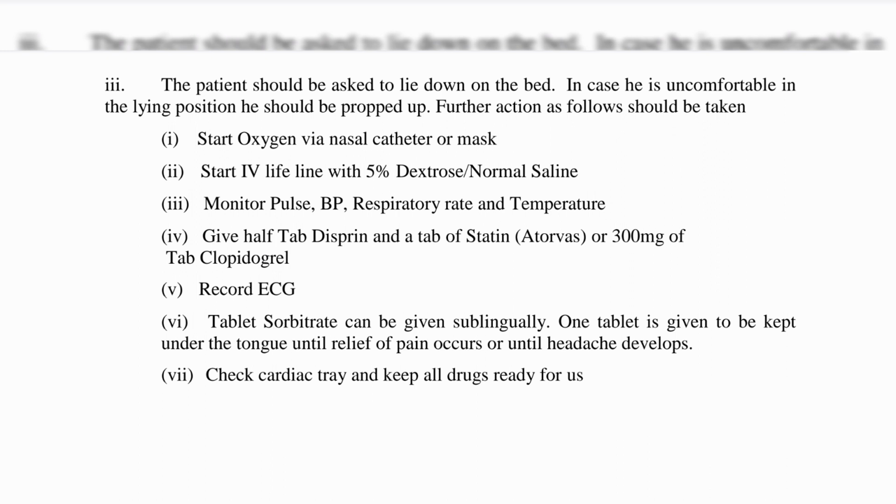Give half tab Disprin and a tab of statin, Atorvas, or 300 milligrams of tab clopidogrel. V. Record ECG. VI. Tablet Sorbitrate can be given sublingually. One tablet is kept under the tongue until relief of pain occurs or until headache develops. VII. Check cardiac tray and keep all drugs ready for use.